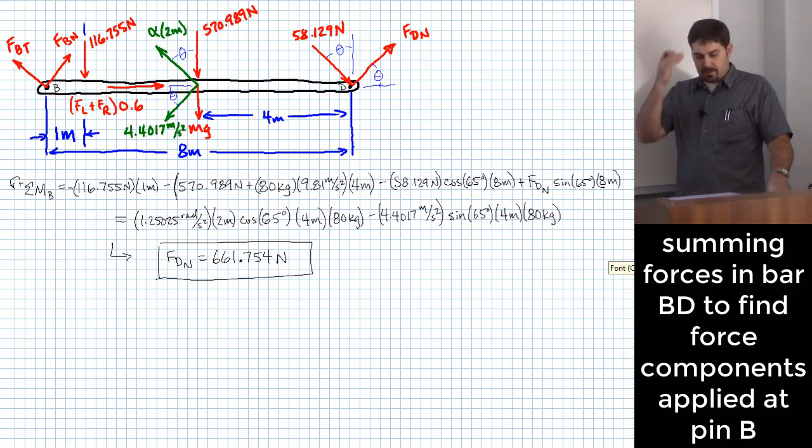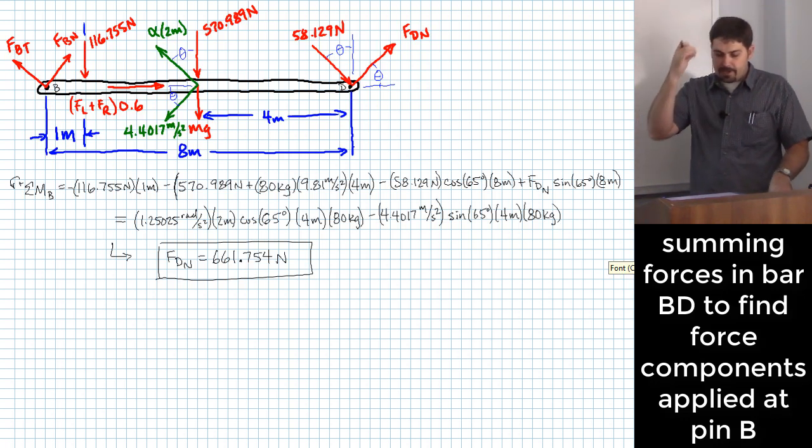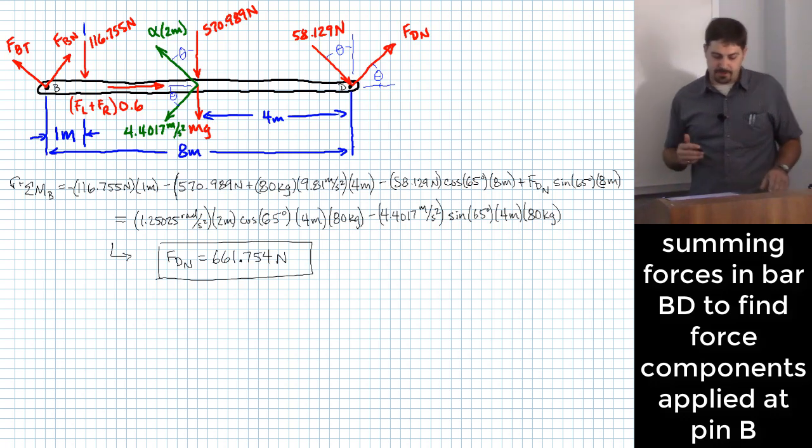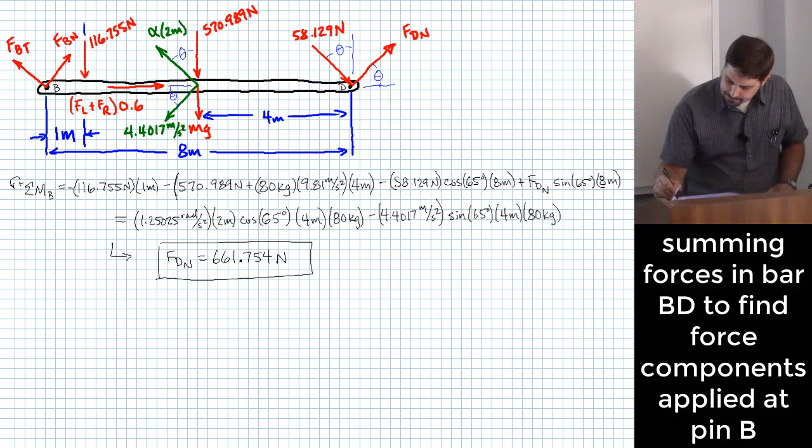Okay, on this diagram, how many things left do I have that I don't know? Just two, right? FBT and FBN, right? How many equations do I have left to write? Two. So I'm actually in pretty good shape there. So all I got to do is write those equations.